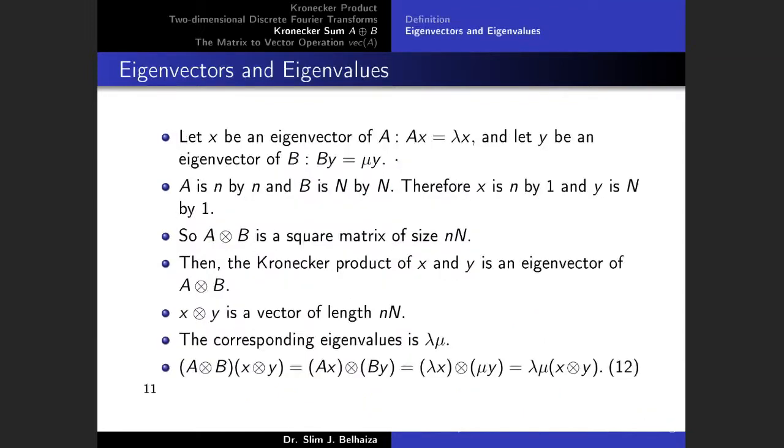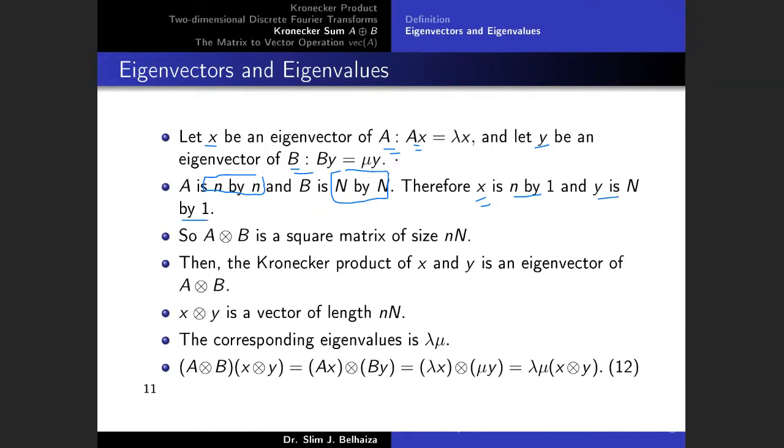So there are a couple of identities. First of all, for the eigenvectors, let x be an eigenvector of A, which means that Ax equals lambda x. And let y be an eigenvector of B, which means that By is equal to mu y. So if A is m by m, and B is capital N by capital N, then x is m by 1, and y is capital N by 1.